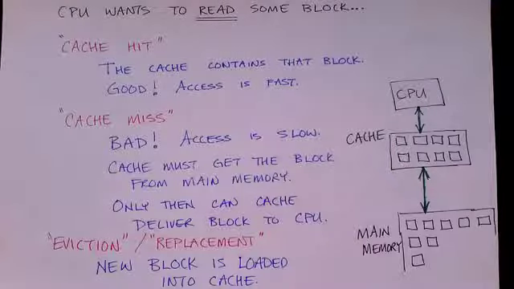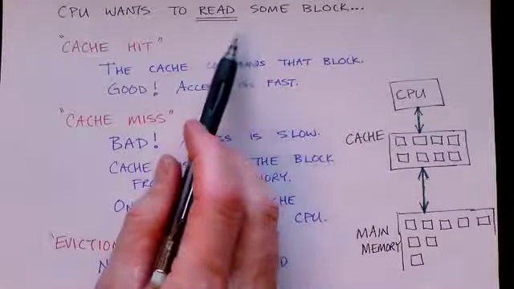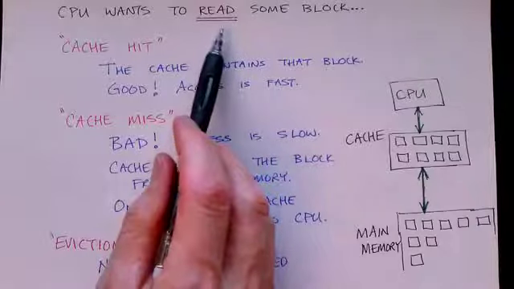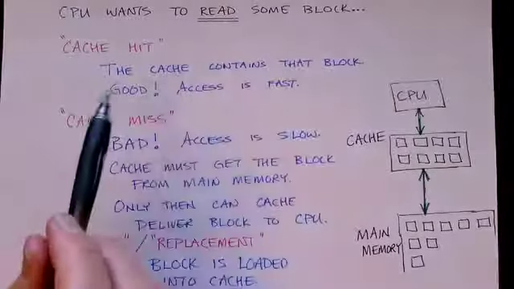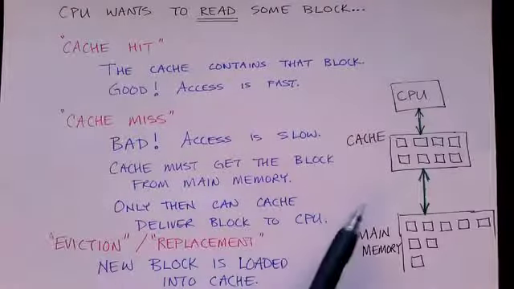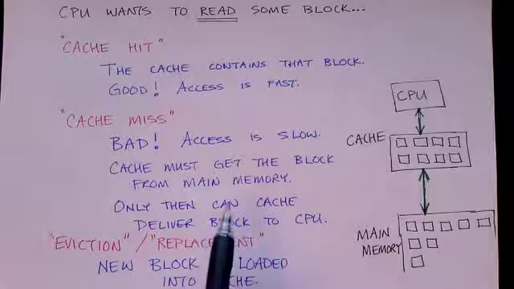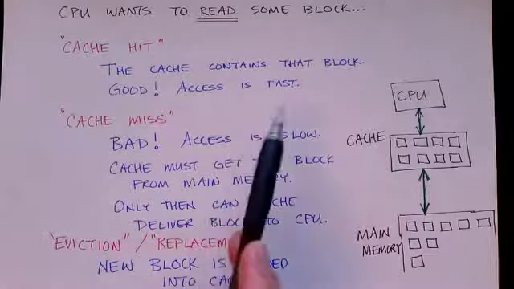Next, let's introduce these terms cache hit and cache miss. Let's say the CPU wants to read some particular block. We'll talk about writes later, but let's just focus on reading data for now. Well, there are two possibilities. Either that block is in the cache or it is not. If it's in the cache, then we have a cache hit. The cache contains that block.